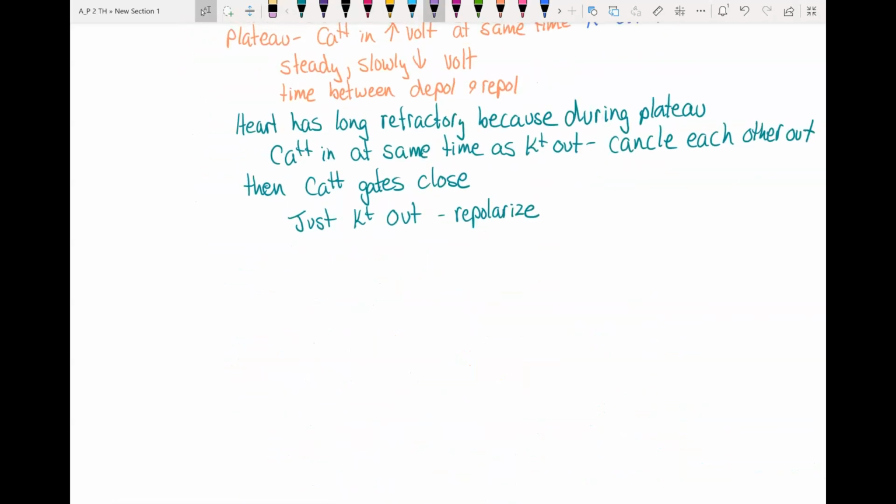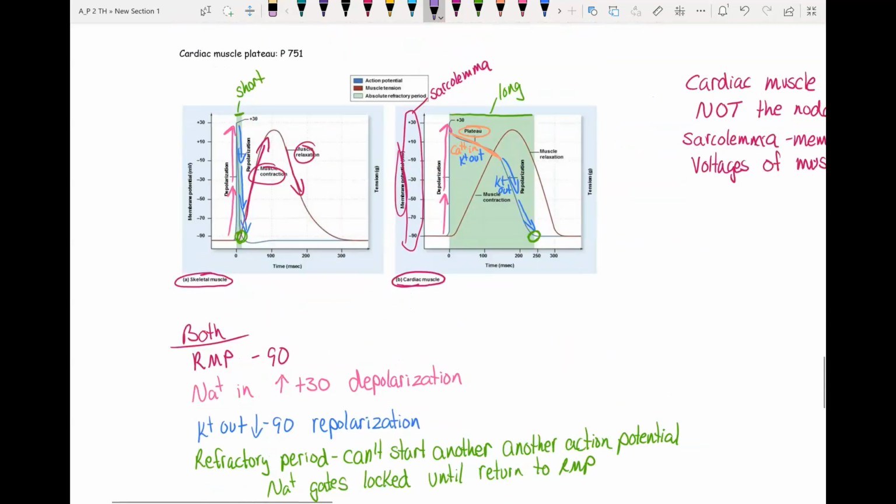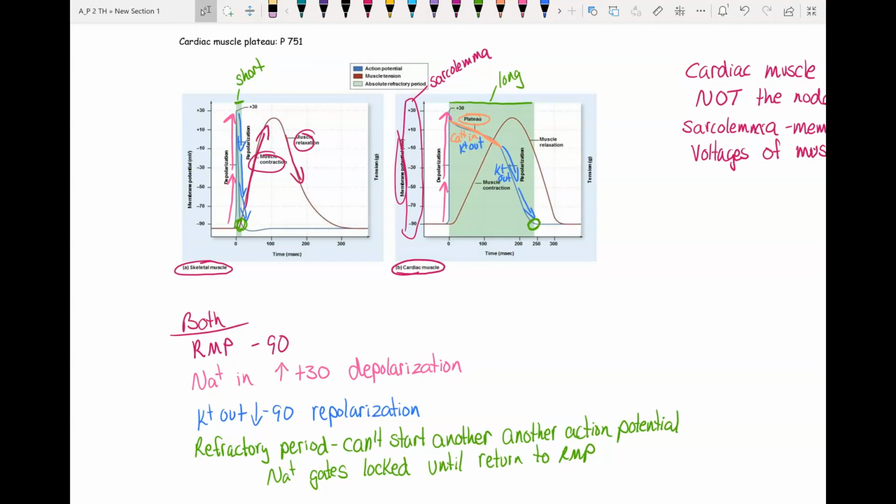Let's get a color for skeletal muscle only. In skeletal only, contraction and relaxation are after refractory.